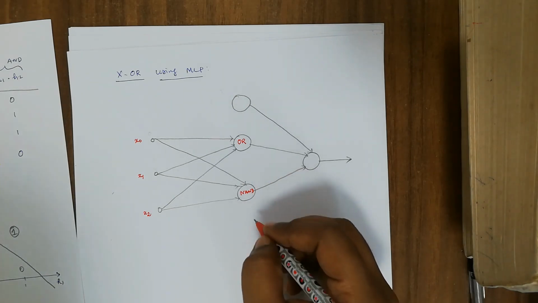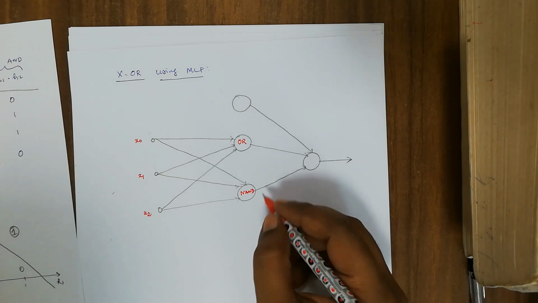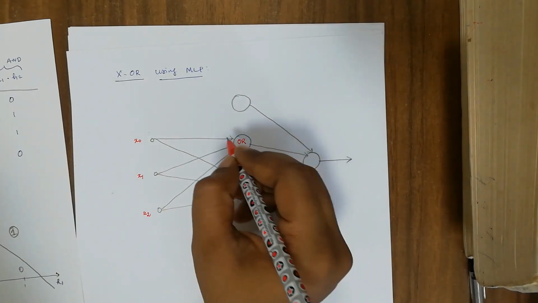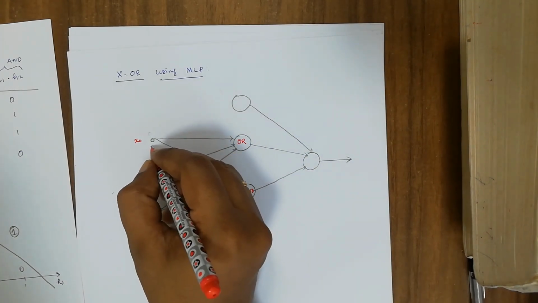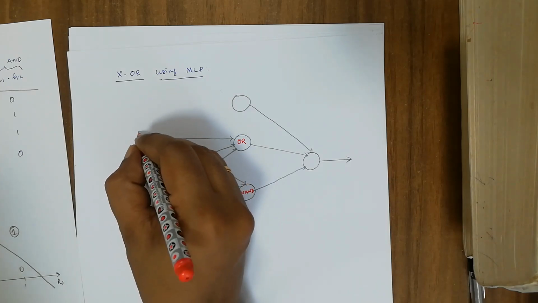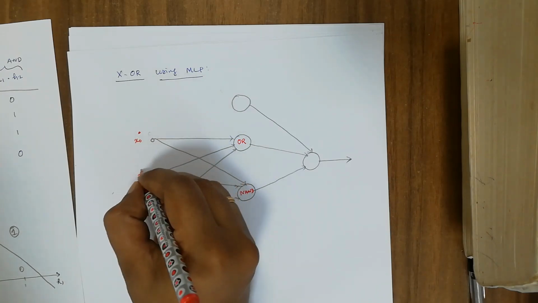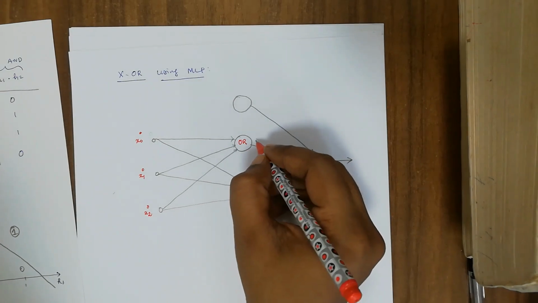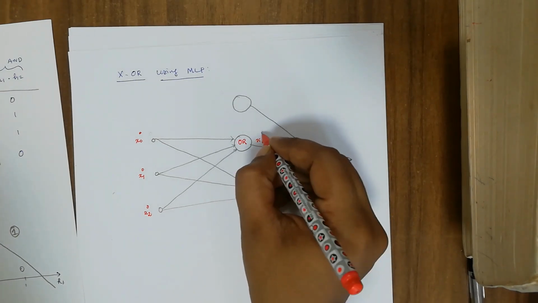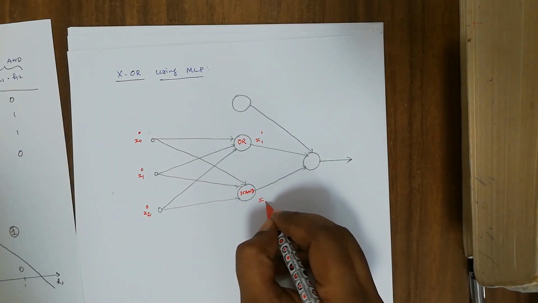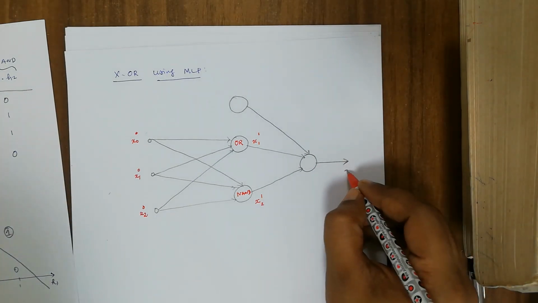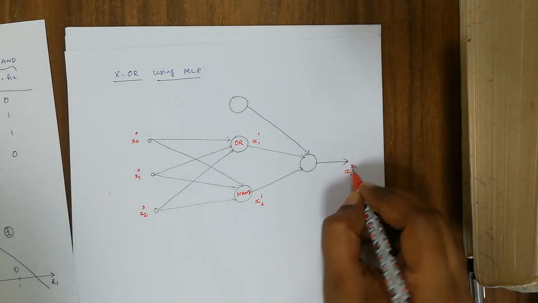Okay, and we have to give the weight values. So what is this? This is x0 in the 0th layer. Or we can represent this as x1 in the first layer, this as x2 in the first layer, and this as x1 in the second layer.